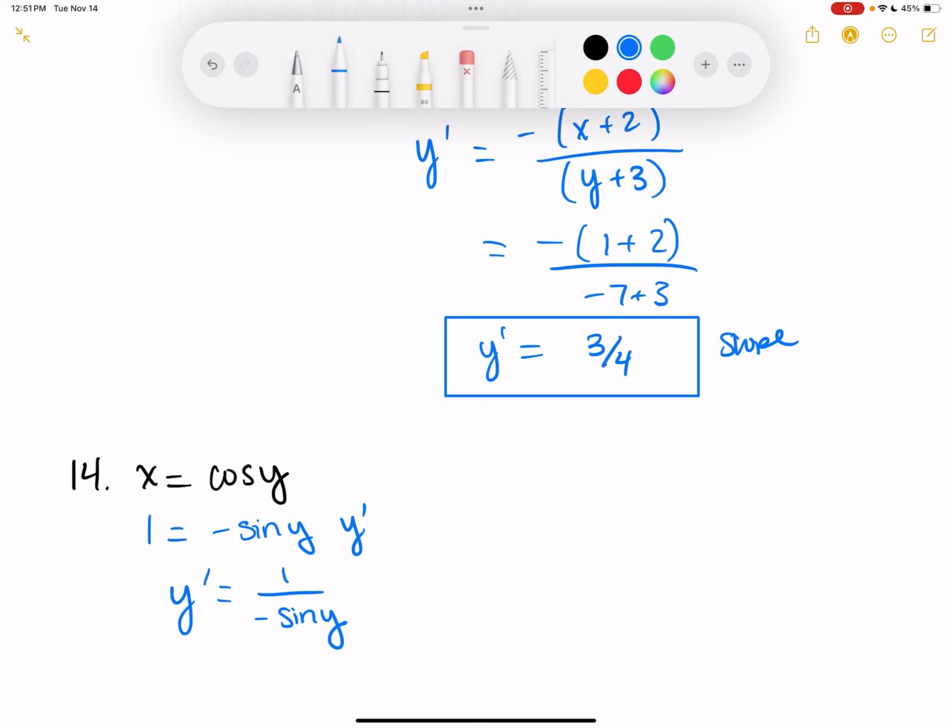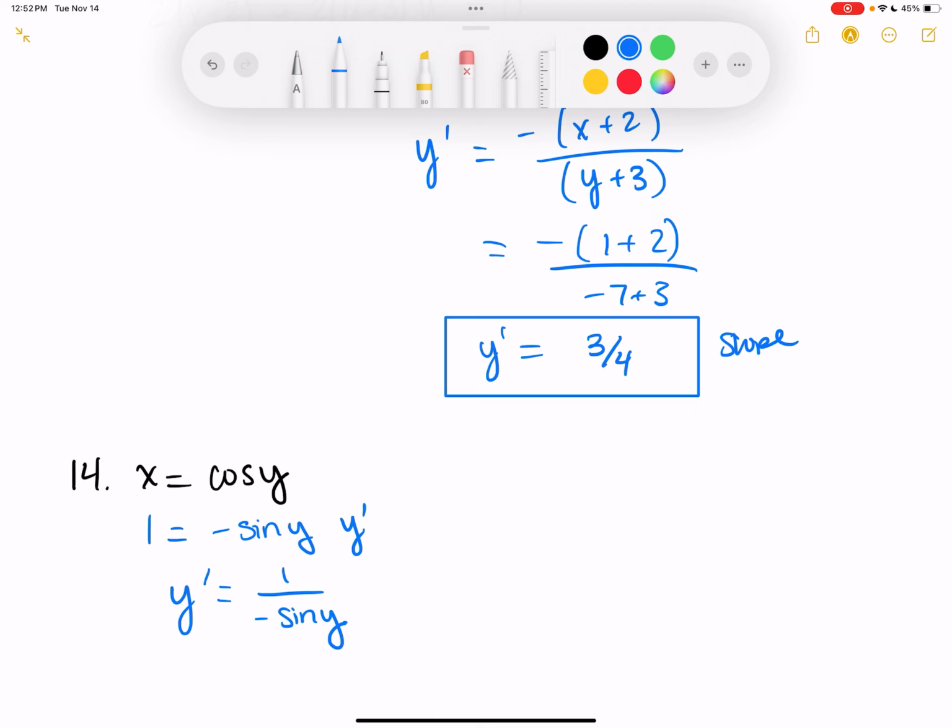If the denominator is 0, so I need to find what y is equal to such that it causes that to be 0 on the bottom. According to your unit circle, where is sine 0? Whenever you give it to us, we're also going to make it generic so that it works every time that occurs. Pi.